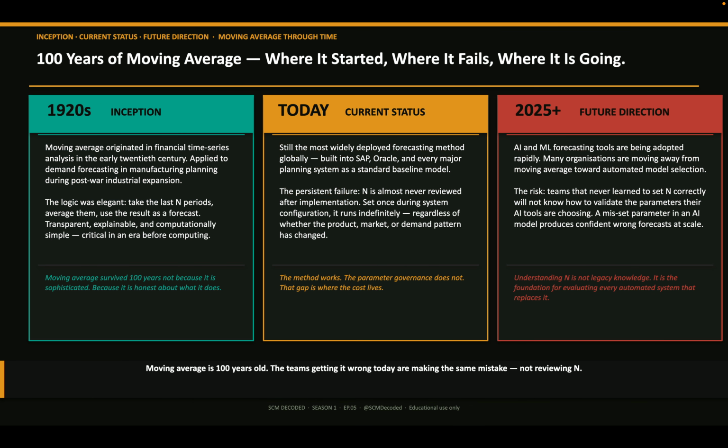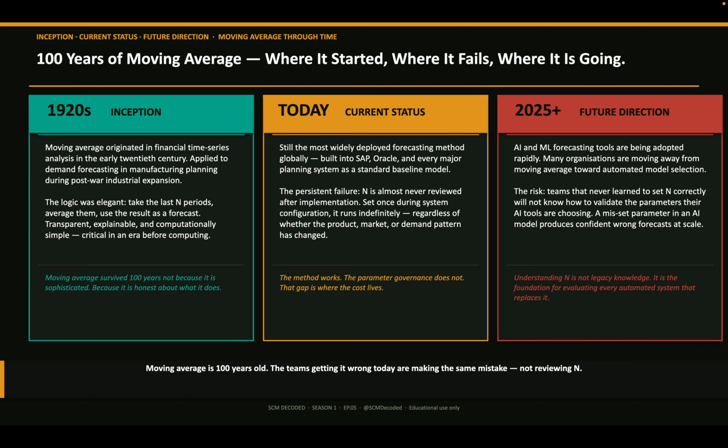Before we go into the business logic, take a look at where this method came from. 100 years of use, born in financial analysis, adopted by manufacturing planners in the post-war industrial expansion. The logic was compelling. Take recent actual demand, average it, forecast from it. No proprietary data, no complex mathematics.